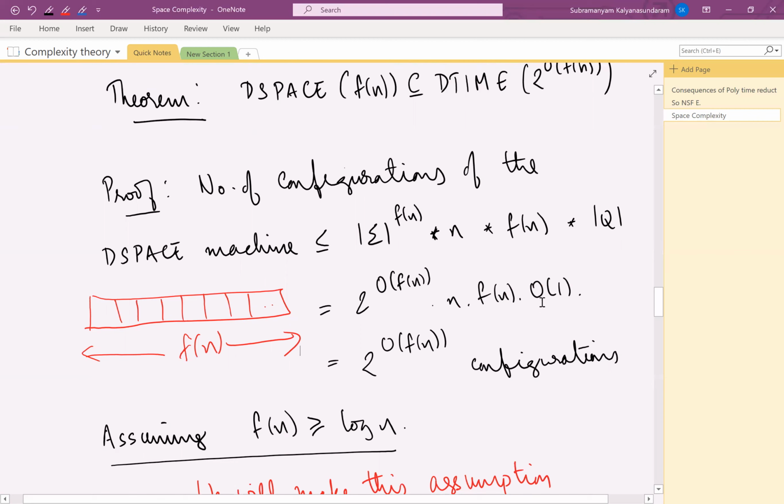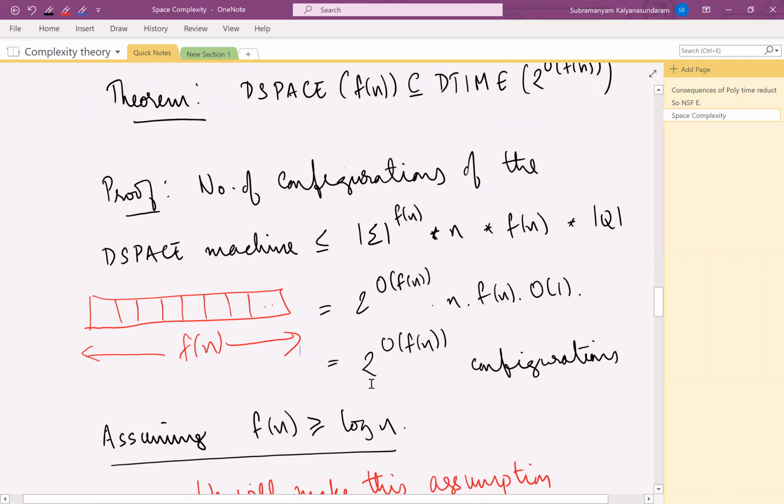So I write q as order 1, and now I also use that f(n) is at least log n. So n can be written as 2 power log n, which is dominated by 2 power order f(n), since f(n) is at least log n. And f(n) is also dominated by 2 power order f(n), so everything gets absorbed in this.